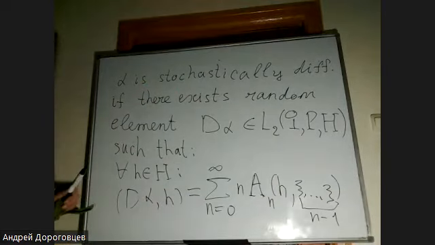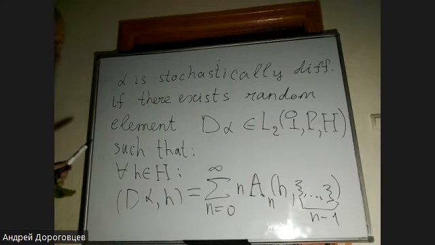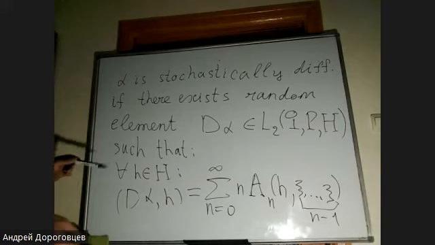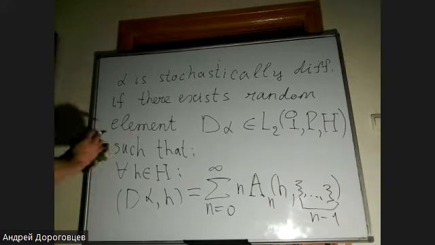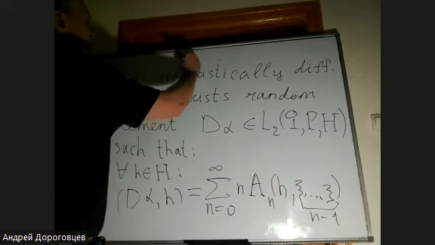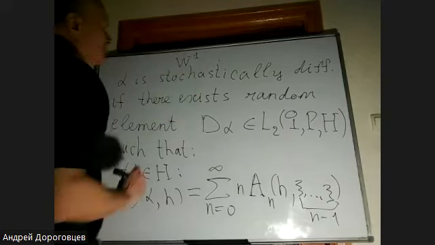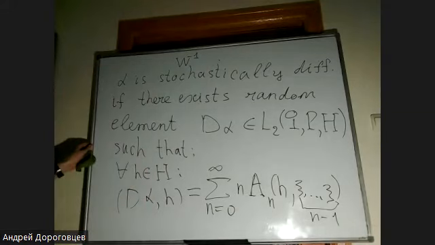So this is the definition of the stochastic derivative, and one can check that it is a closed linear operator. As before, the set of all stochastically differentiable random variables I denote by W1.